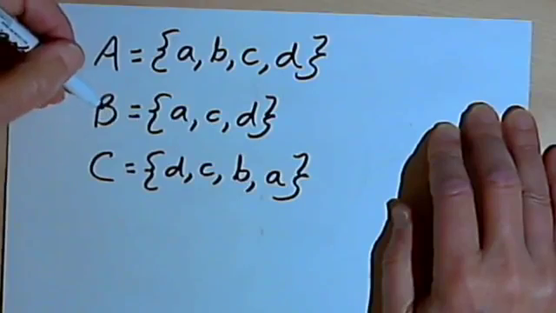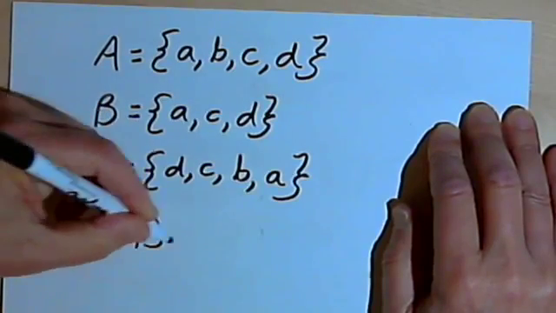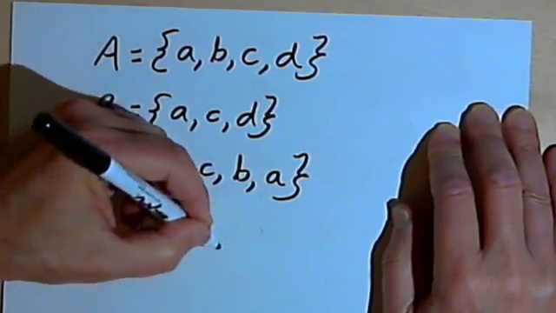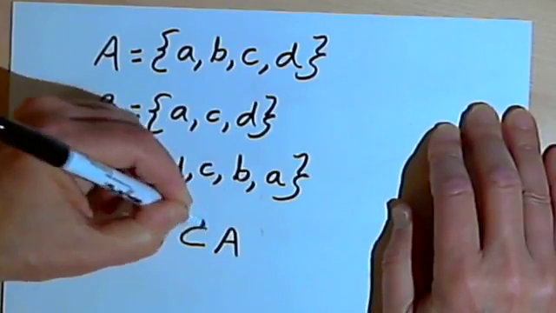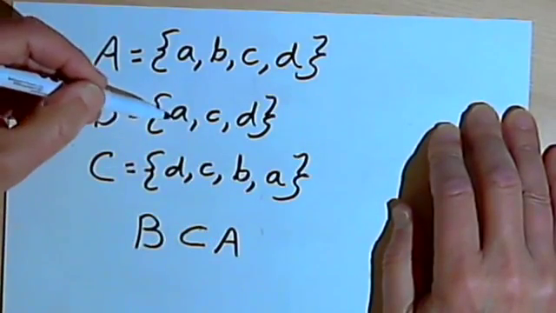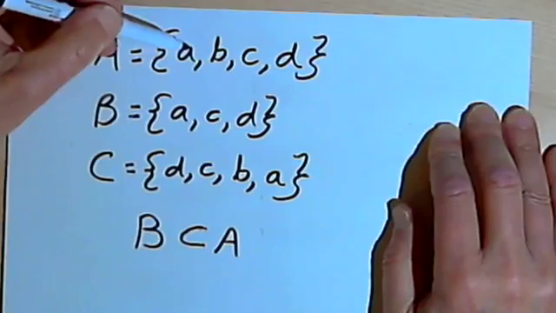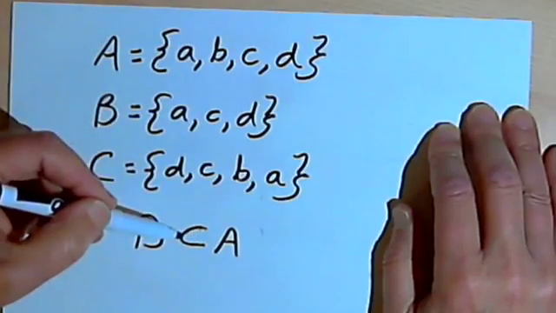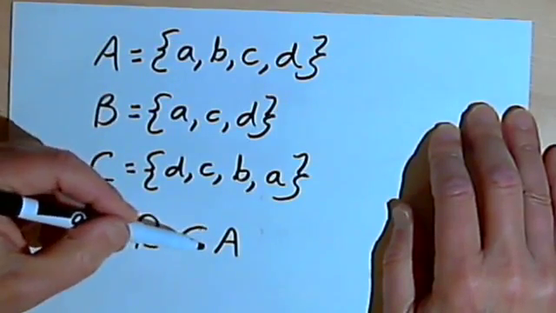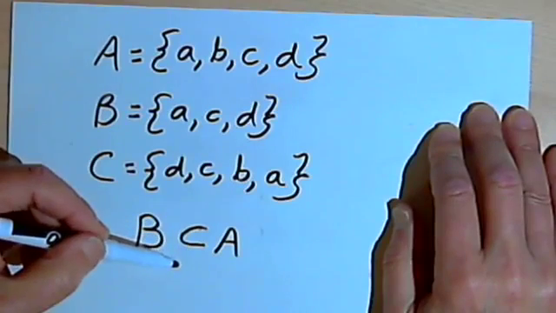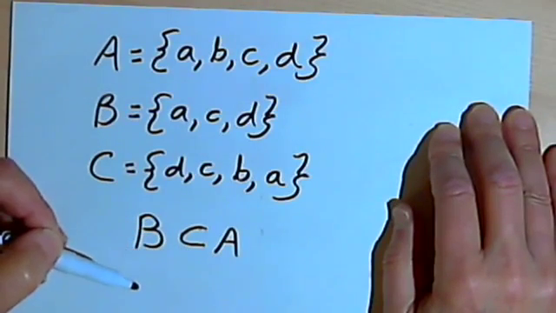In other words, set B is a proper subset of set A because set B has less elements than set A. And the symbol for the proper subset is just going to be a sideways U without a bar underneath. So once again, the distinction is this.